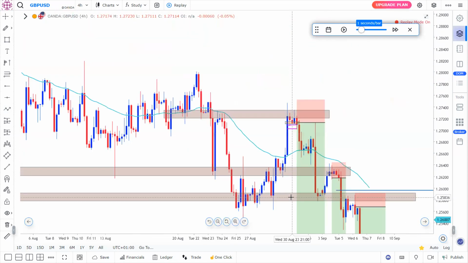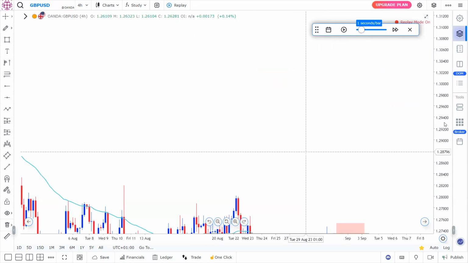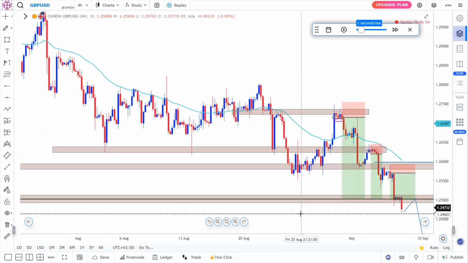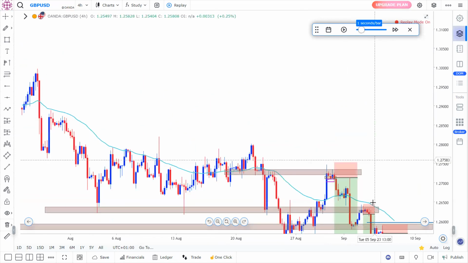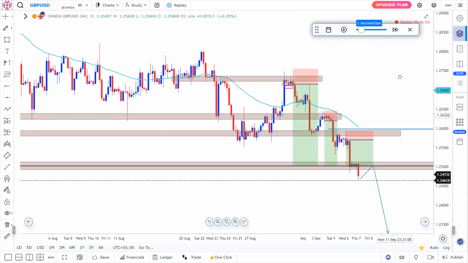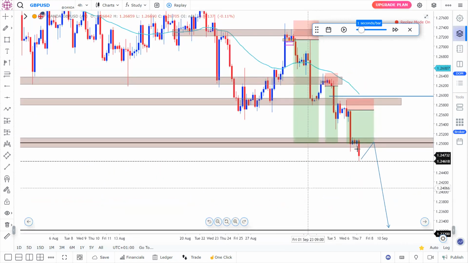If you look to the left, you can see for every one of the times price had tested the level, we have had to see price bounce off of the level. And now this is where, having identified the break of the structure, I was waiting for the retest of this level to go in on the next sell trade.